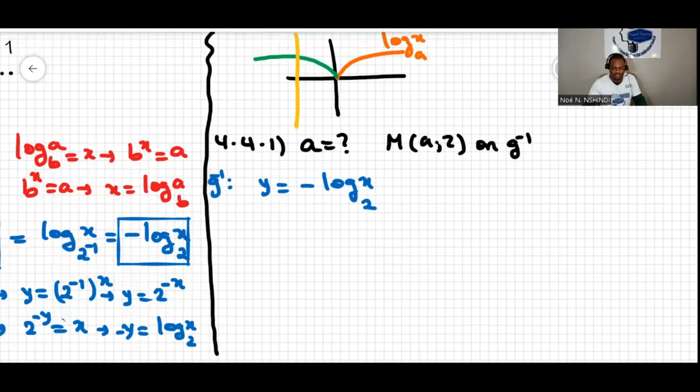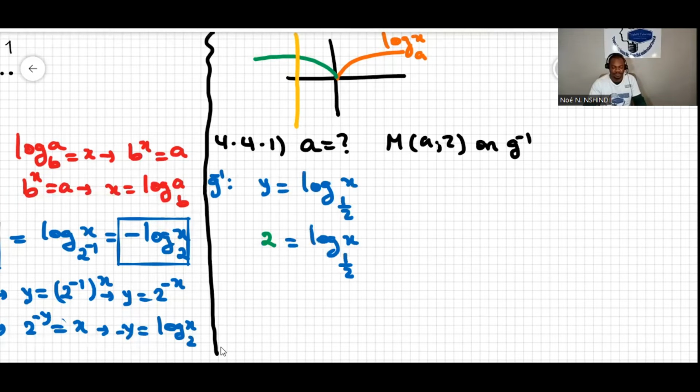Let me first just write the first formula: log of x base a half. If we substitute the coordinates of M, because it lies on the equation, that will be 2 equals log of x base a half.